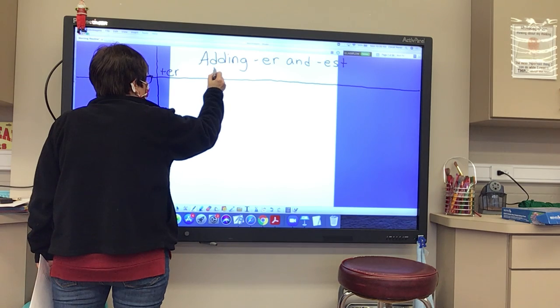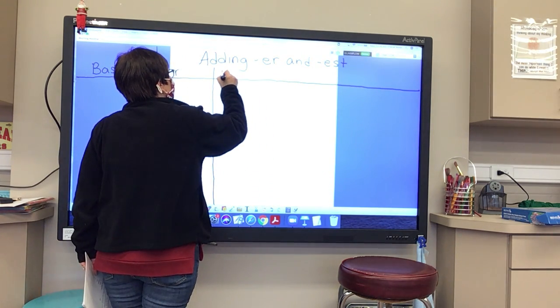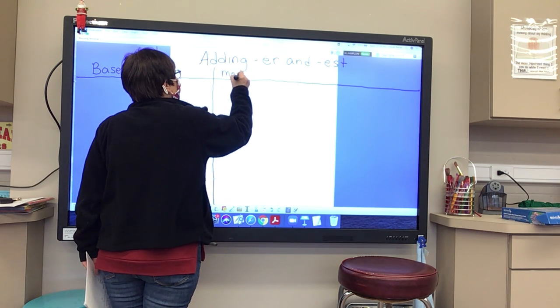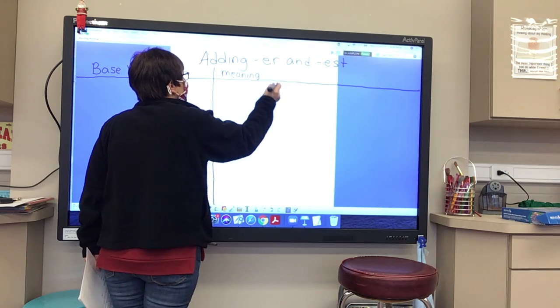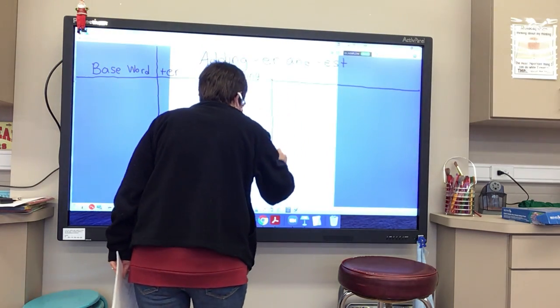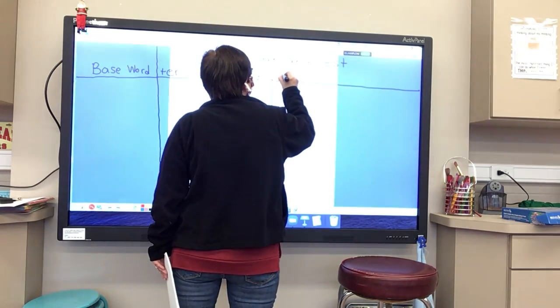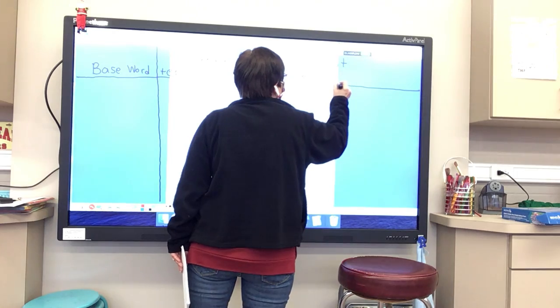And then I'm going to have another column, and I'm going to say meaning. We want to have room for all my columns. What is the word going to mean? Then I'm going to have plus EST. And then I'm going to have meaning.